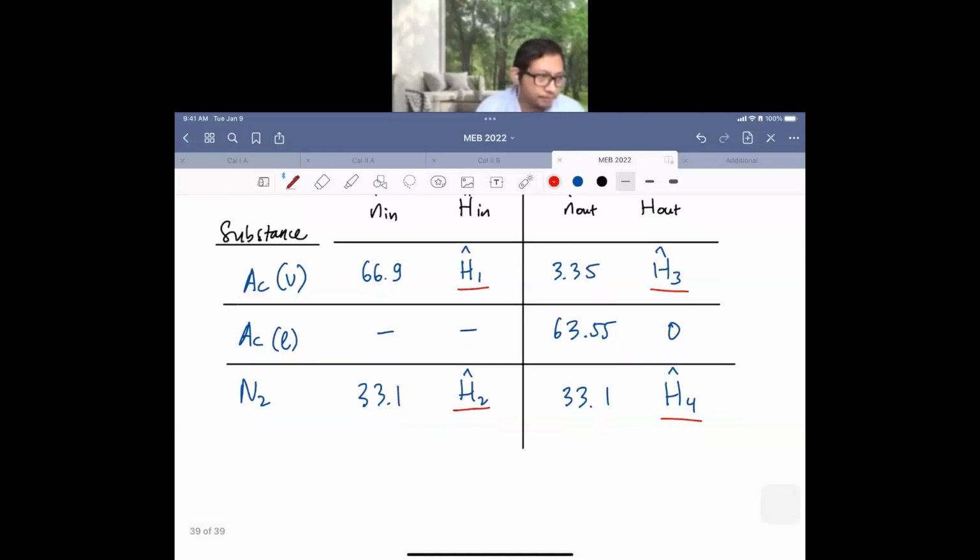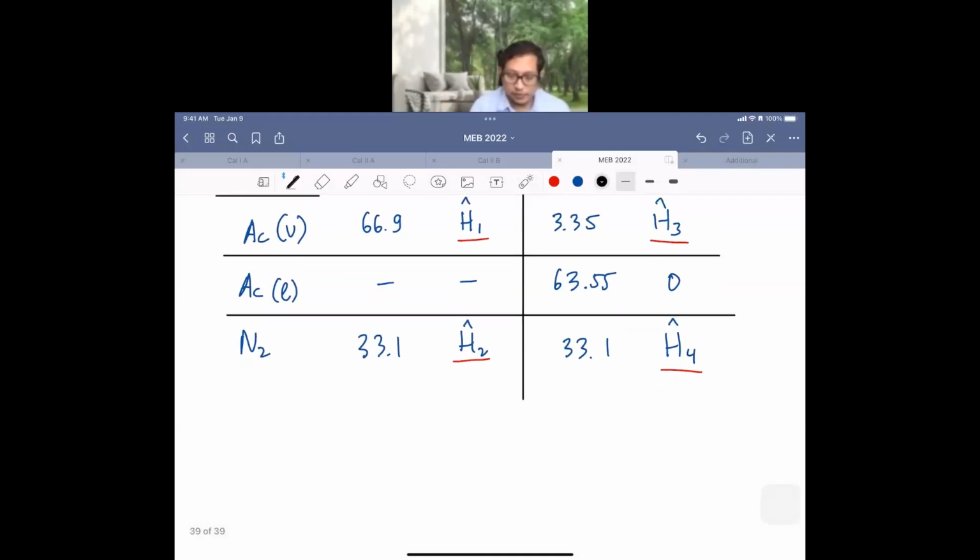Okay, now the next step is we are going to find the numbers for these 4 enthalpies. All the numbers we can determine from the flow chart given at the beginning. So to determine each enthalpy, we might need to construct the process path. For the detailed process path, we will elaborate later in the next section.